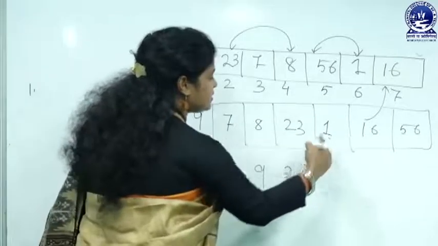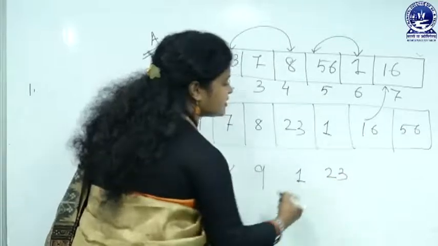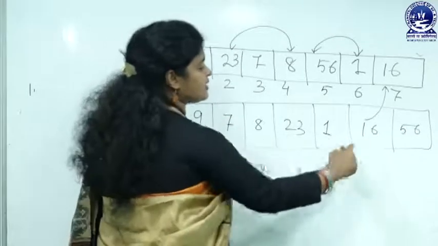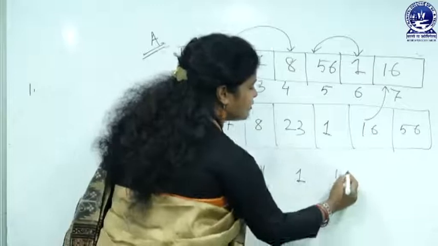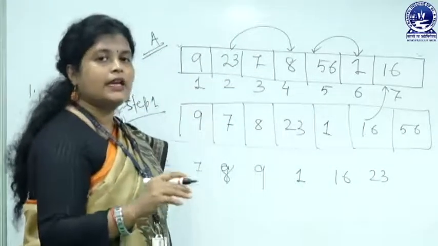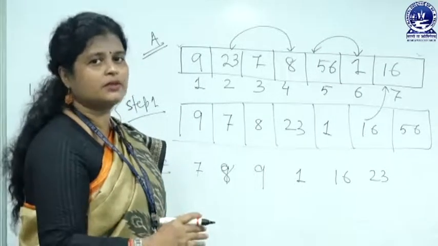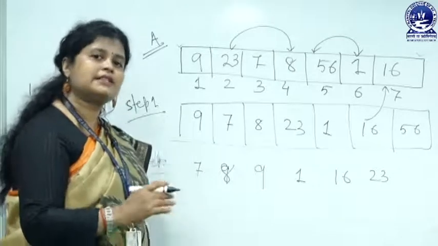Then 23 with 1, 1 will be placed here, 23 will be placed here. 23 with 16, now 16 will be placed here. Each time there will be a swapping if the second consecutive value is smaller than the previous one, because it is ascending sort.